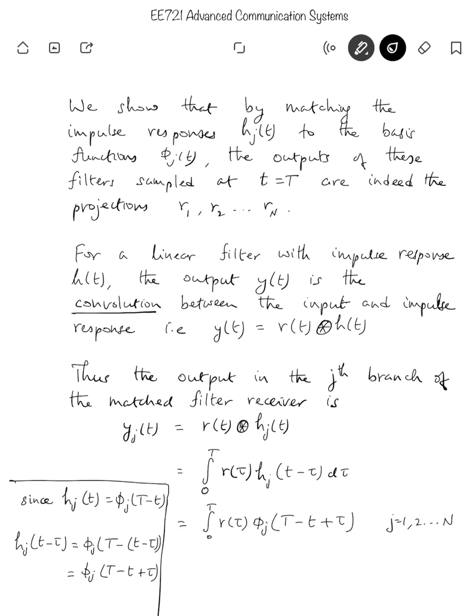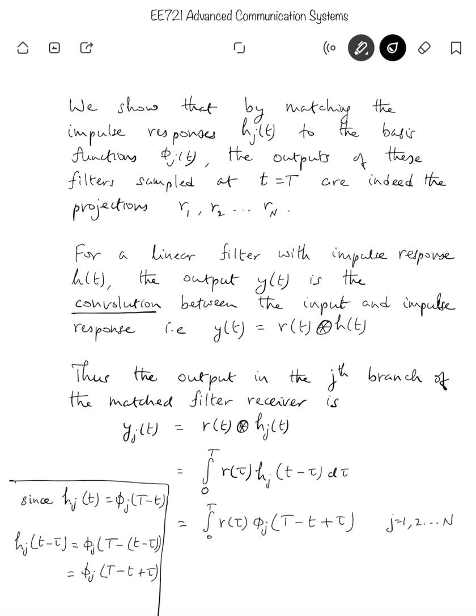So you can see this diagram, this particular calculation here, to see how we get the shifted version of the impulse response to be equal to the shifted version of the corresponding basis function. So now we have the output of the matched filter in each of those branches j, for j1 to n, to be given by this equation.